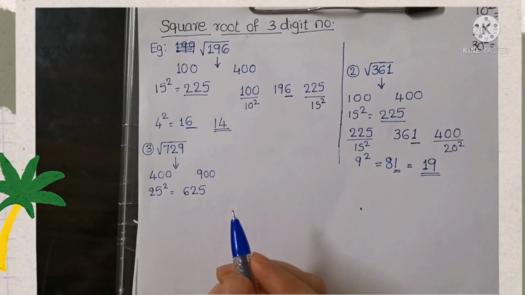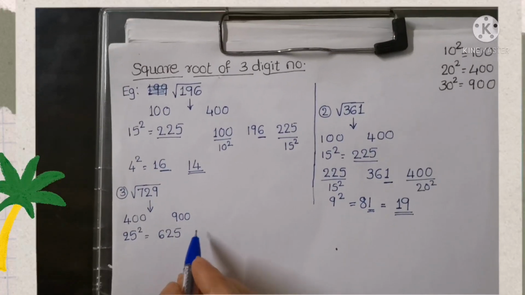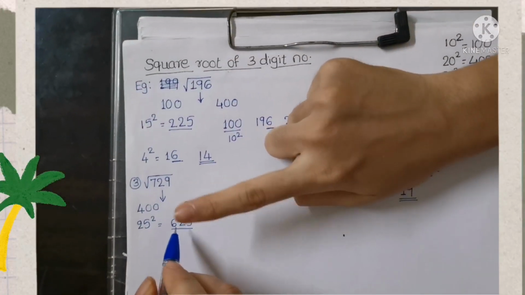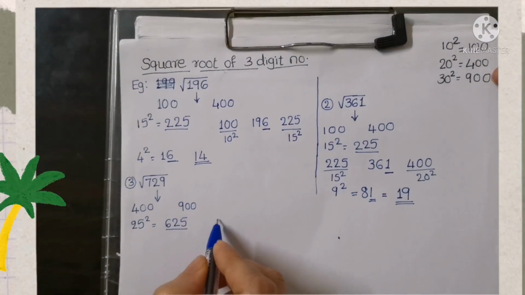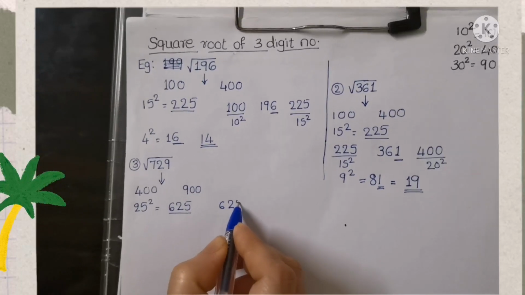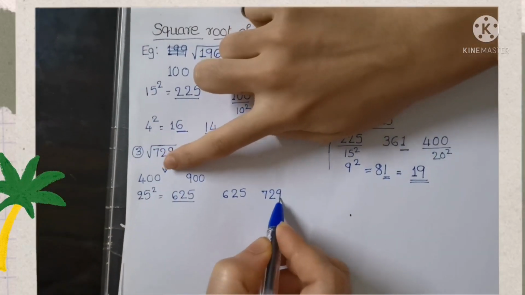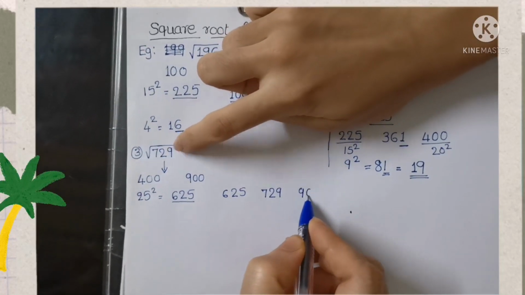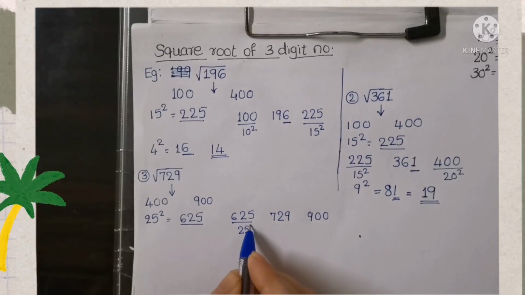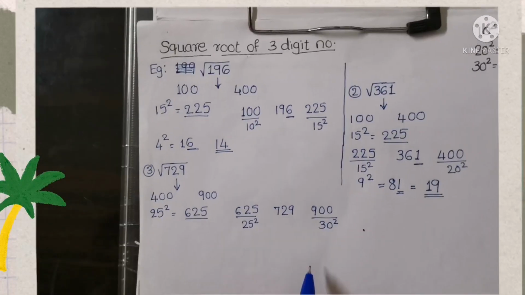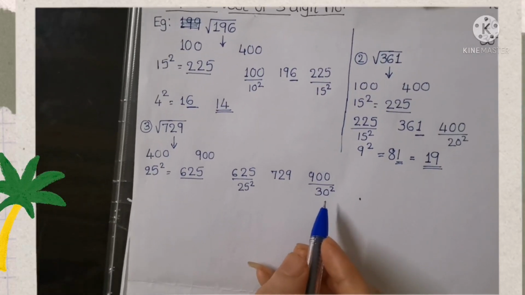Now we have to find the range of the number, meaning whether 729 lies between 20 and 25 or 25 and 30. As we know, 729 lies between 625 and 900, so the square root of 729 will be between 25 and 30.